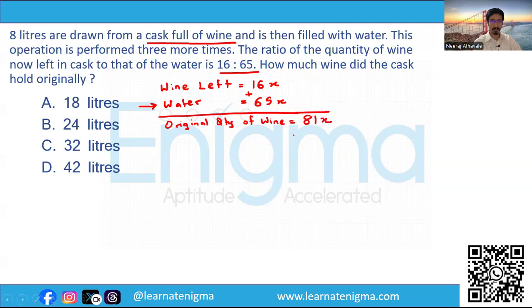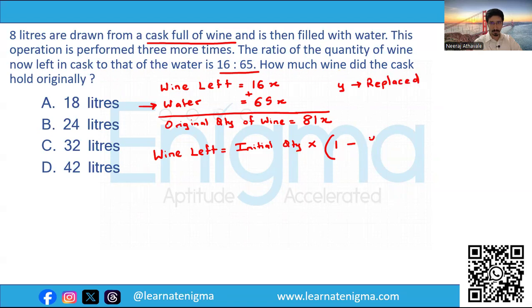Now we can have a simple formula, that is wine left is equal to initial quantity of wine multiplied by 1 minus. Now let's assume y as the replaced quantity.